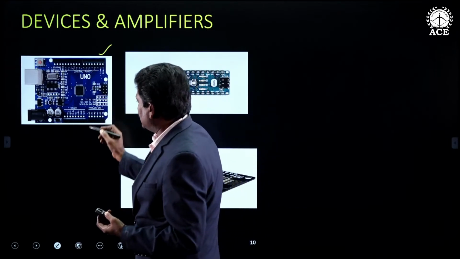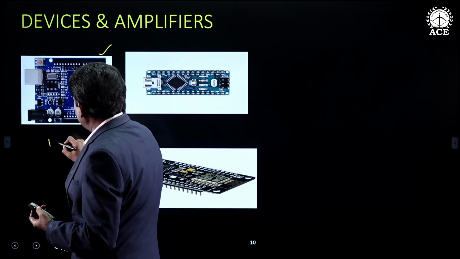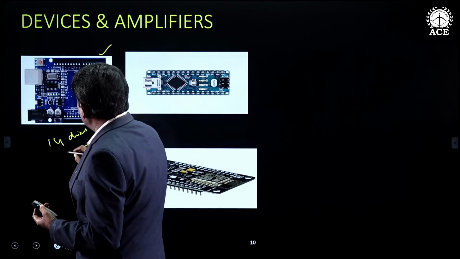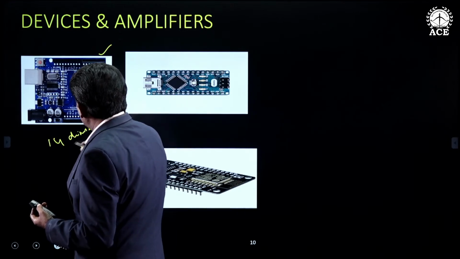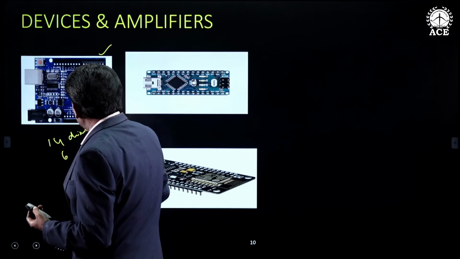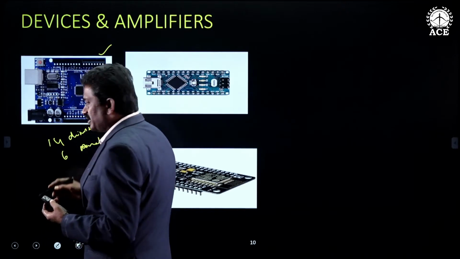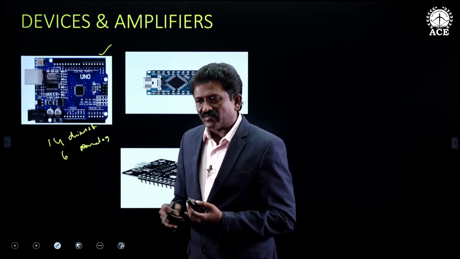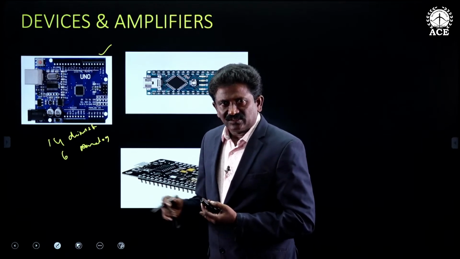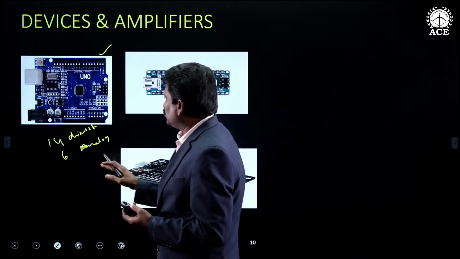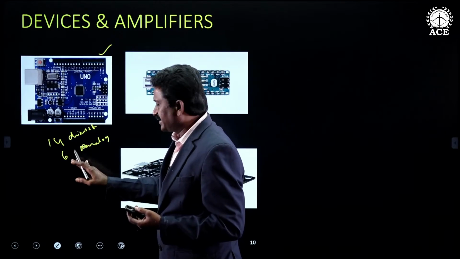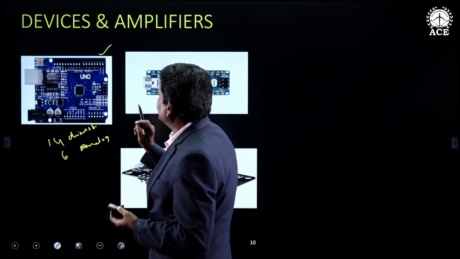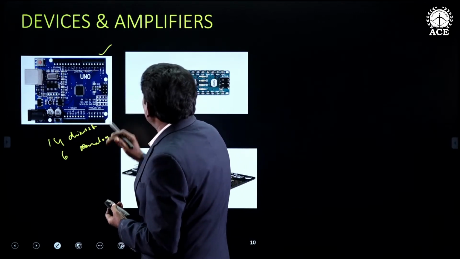So actually this has 14 digital pins. The remaining six pins are analog pins. So next some pins support receiving and transmission and running stepper motors, like that also. Okay. So now using 14 digital and 6 analog pins, you can connect outputs. So this is the function of the Arduino UNO.